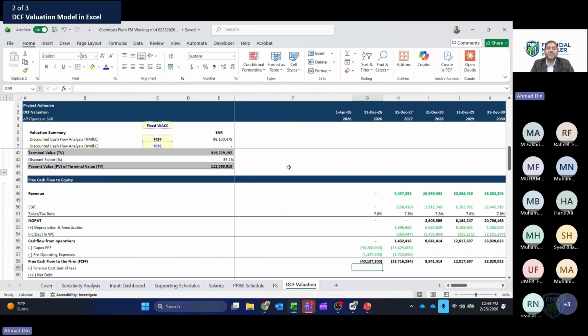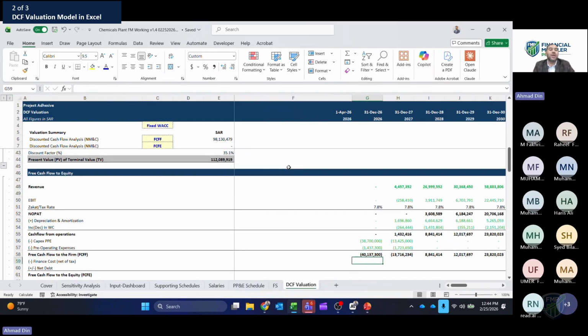Now the next adjustments are finance cost and debt. The finance cost we are charging in our business, we need to deduct from that, because to our shareholders we need an amount which pertains to the shareholders, meaning after paying all kinds of debt and financing costs.